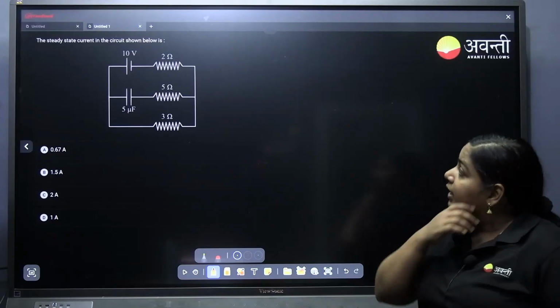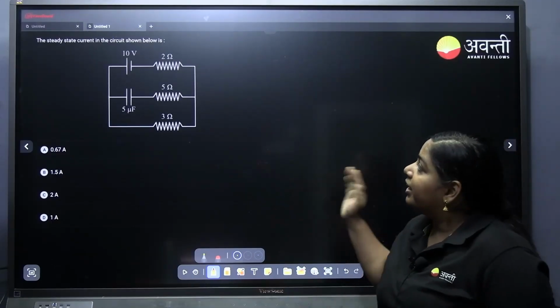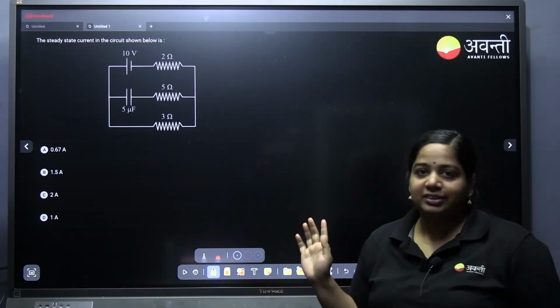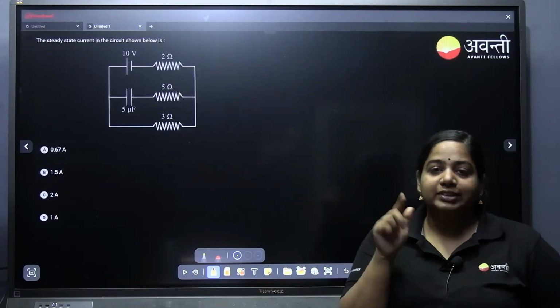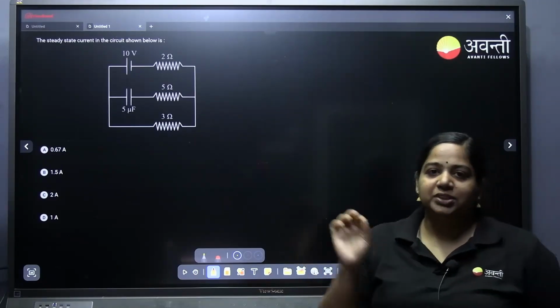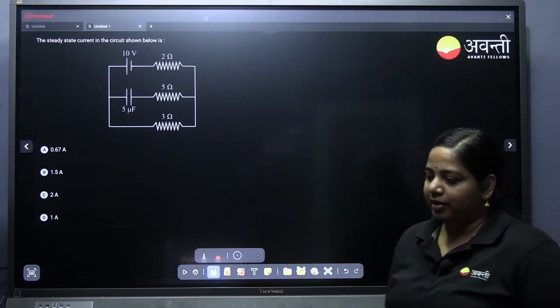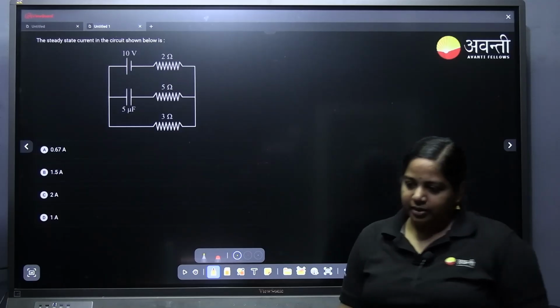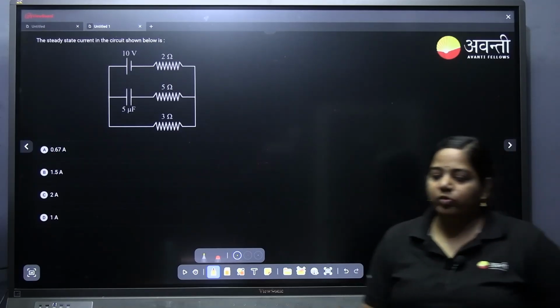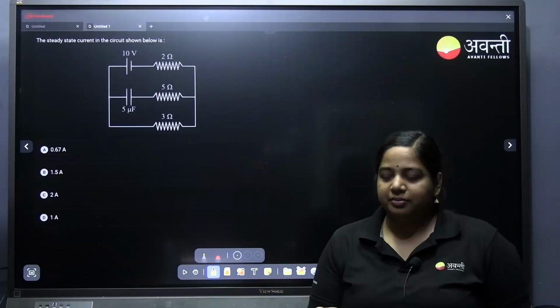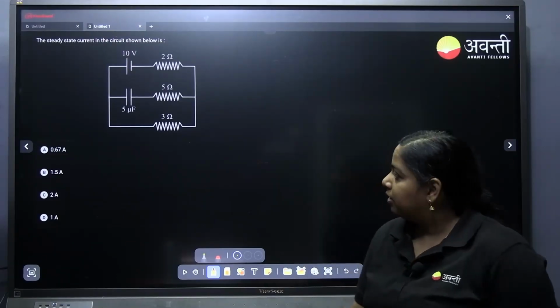Next one, in steady state, the current in the circuit shown below is, see, that is the code, steady state, which means switch has been on for a long time. What will happen? I told you. For steady state, how will the capacitor behave? Current 0.